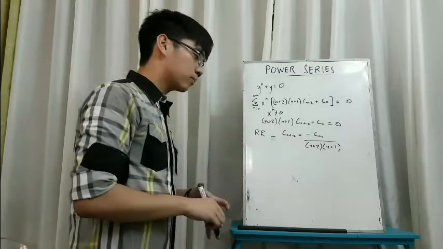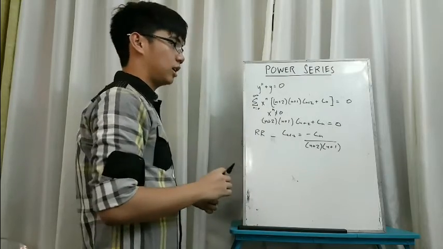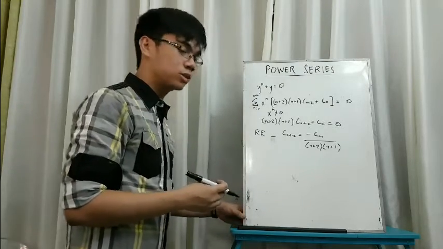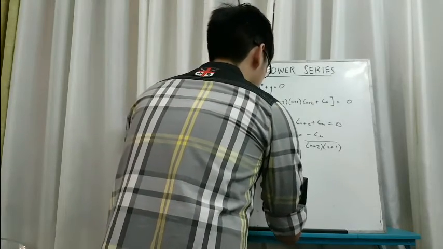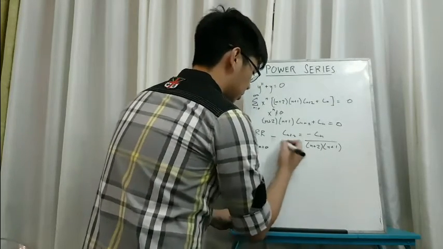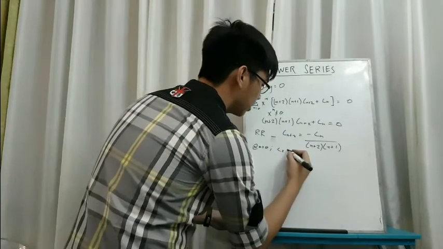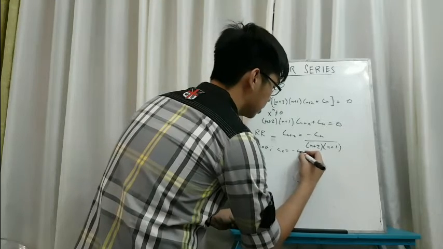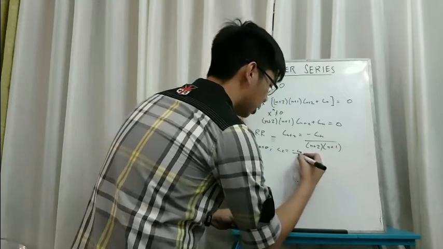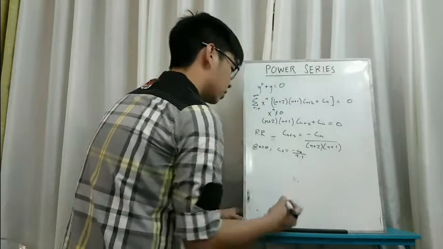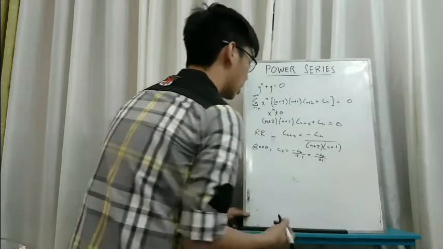So the next step would be solving for its values in order for us to evaluate it. At n is equal to 0, C2 is equal to negative C0 all over (0 plus 2)(0 plus 1), 2 times 1, or negative C0 over 2 factorial.